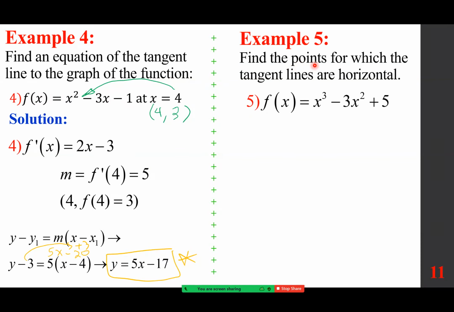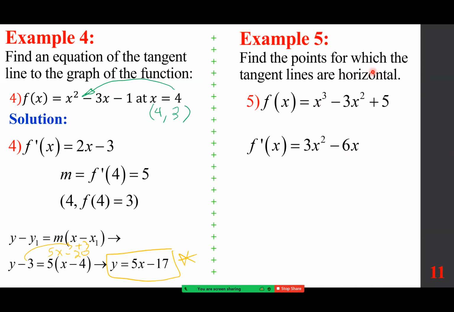Next, we want to find the point or points for which the tangent lines are horizontal. When we are interested in finding the tangent line, we are interested in finding the slope, which means we need to find f prime. So first thing first, we find f prime because it mentions tangent line, which is 3x squared minus 6x.